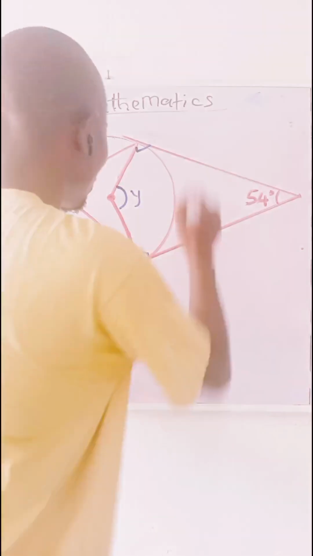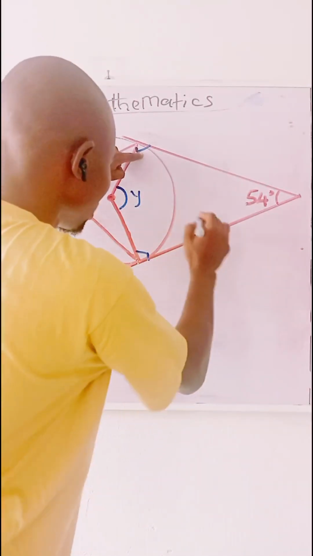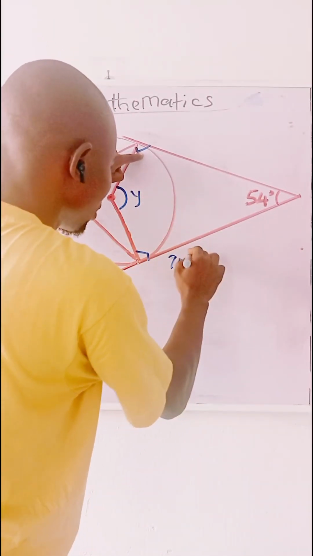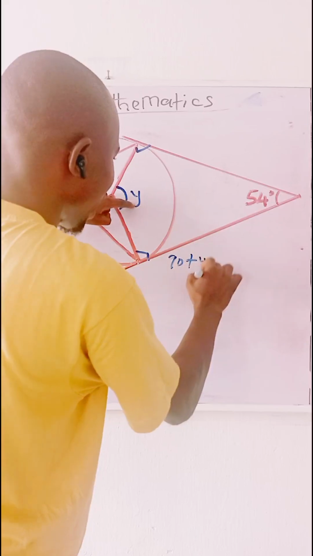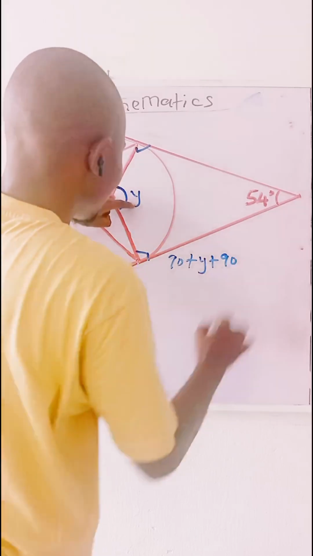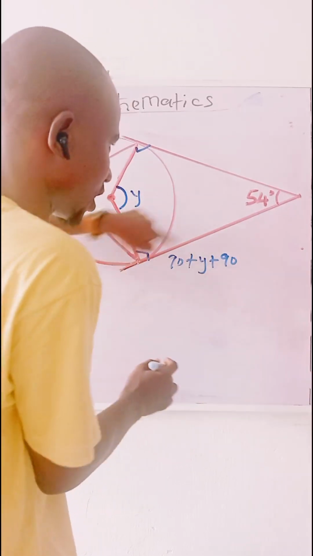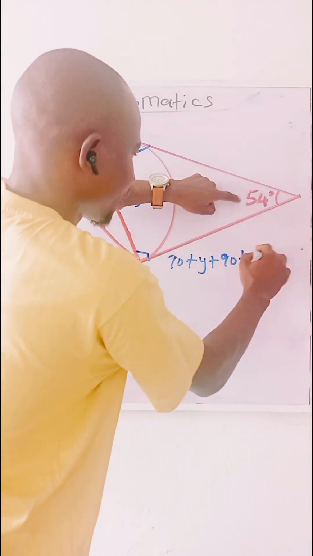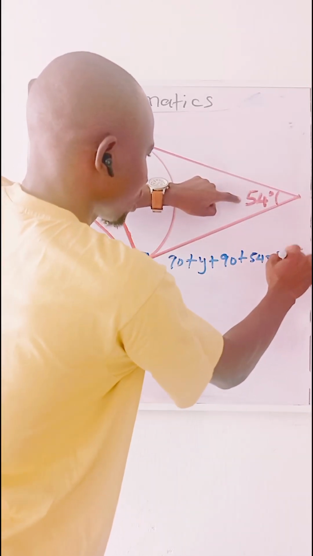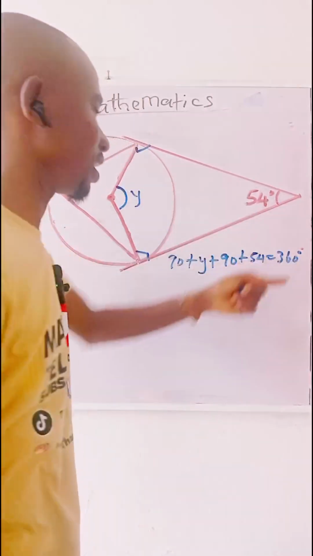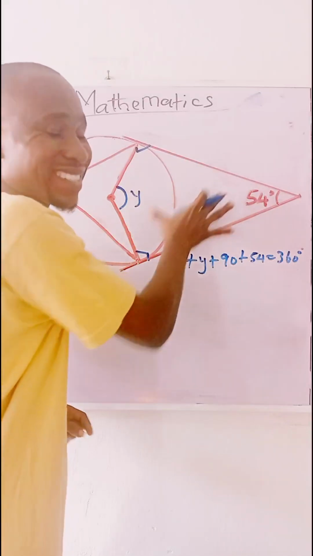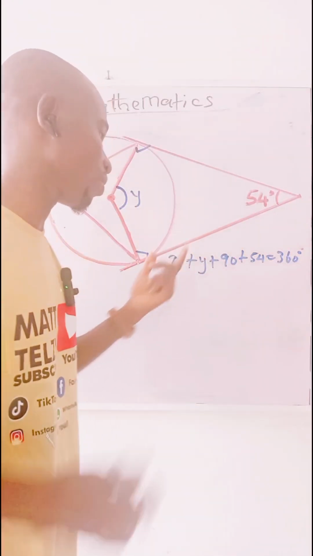360 degrees. So what I'm going to have here is 90. I have 90 plus y plus 90, this 90 here, plus 54 equal to what? 360 degrees. That is the sum of angles in a quadrilateral, right? Good.